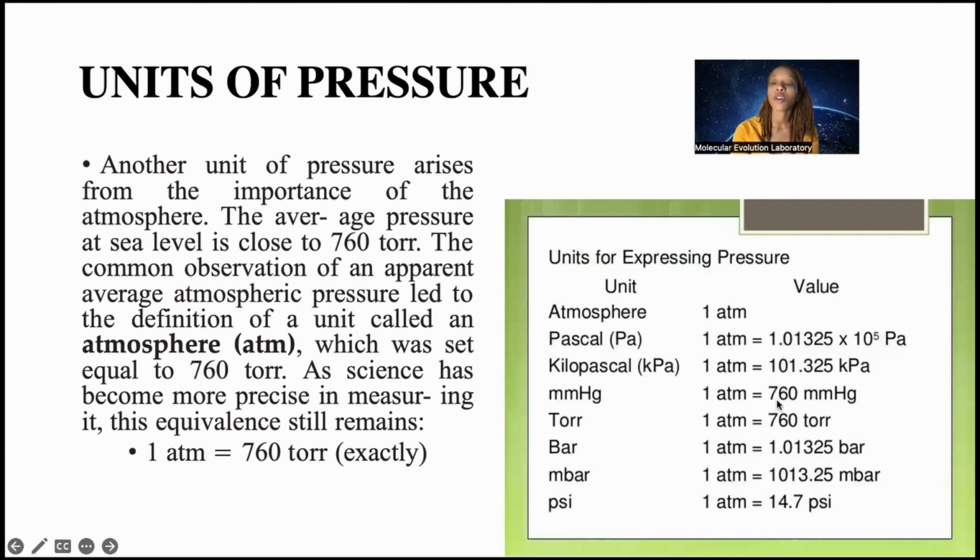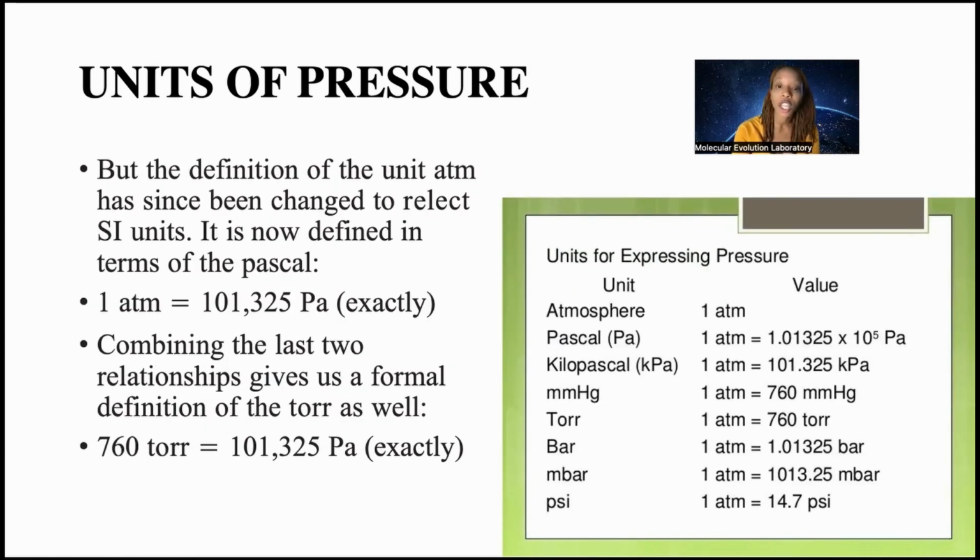1 atmosphere is also equivalent to 1.01325 bar, or 1013.25 millibar, or 14.7 psi. But the definition of the unit atmosphere has since been changed to reflect the SI unit. It is now defined in terms of Pascal.